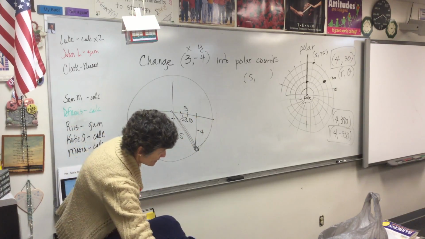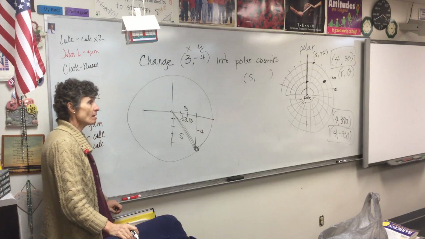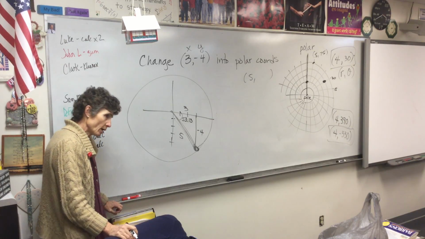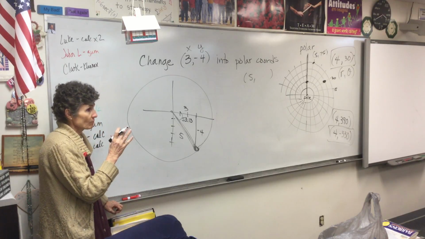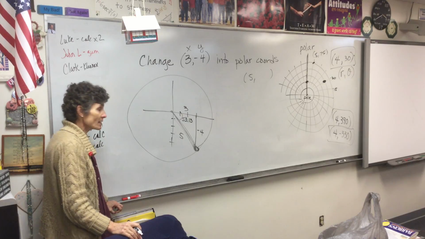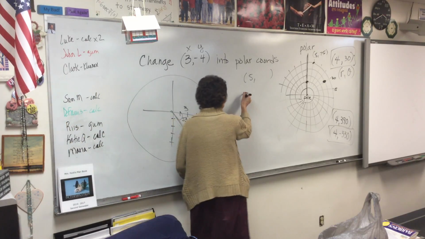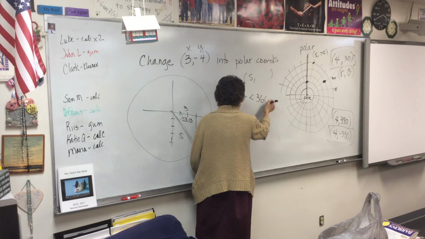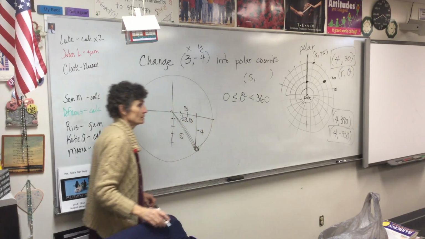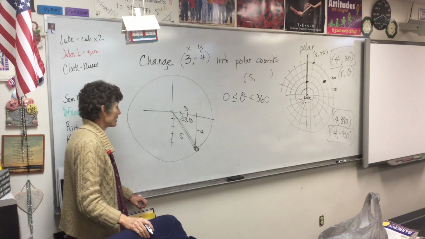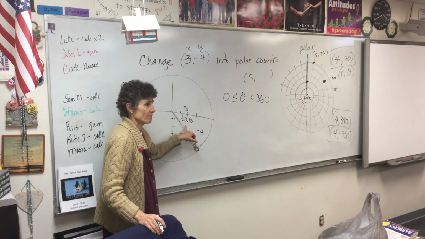Now you need to read the directions, because sometimes the directions are very specific. We just talked about the fact that there are lots of ways you can name that angle. Sometimes the directions say that theta, your angle, has to be between 0 and 360. So if that's what it says, then you can't say -53.